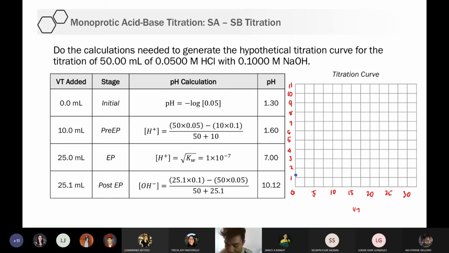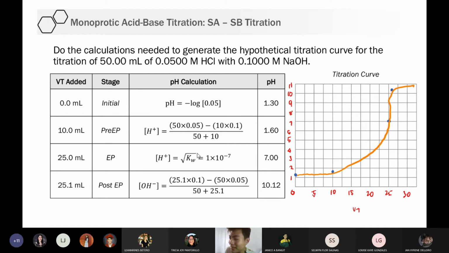1.3 siguro dito yan. 10 ml, 1.6, somewhere here. 25 ml, that's 7. And 25.1, that is 10.12. Somewhere there. So if you connect the dots, ginagamit namin to kapag BS Chem kayo. Ganito yung mga lab experiments namin. Kina-curve namin yan.